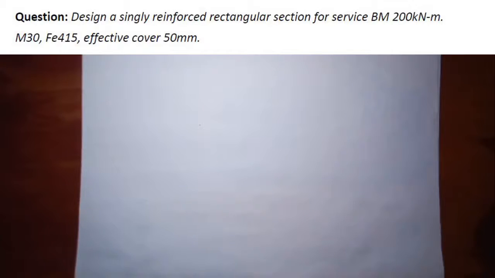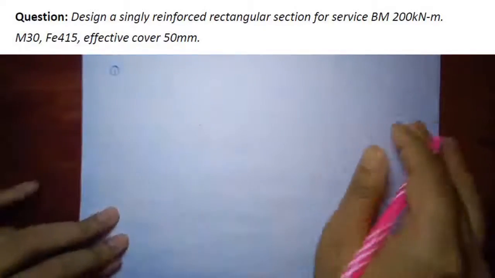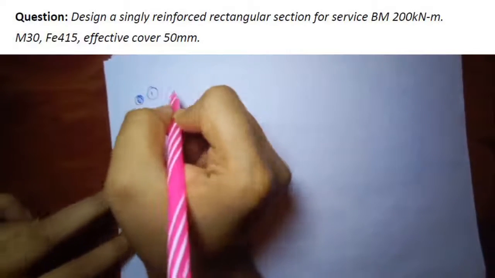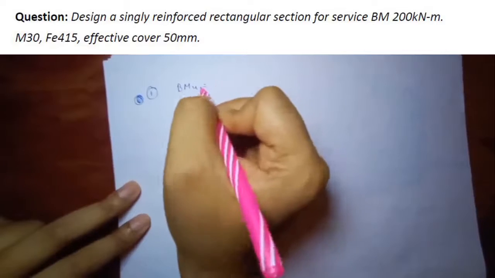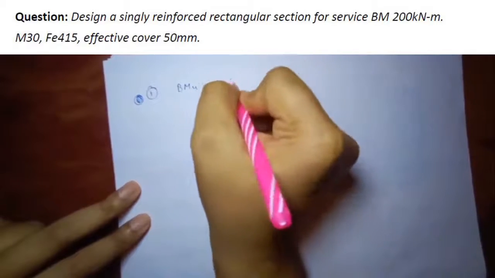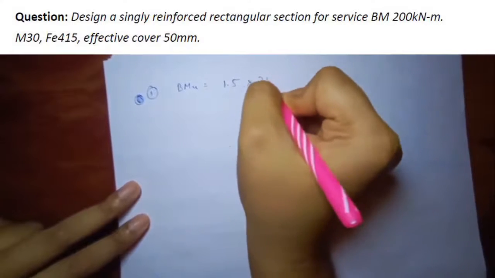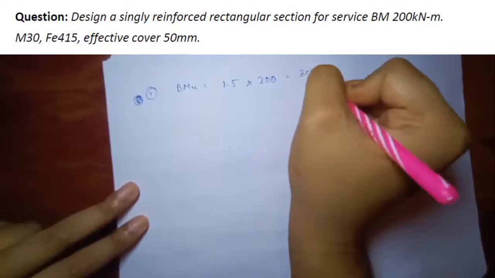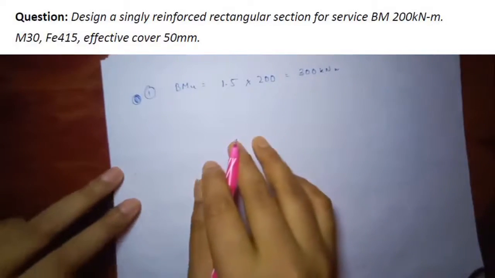So this is our case 2. For the first step, we have to calculate the BMU, which is 1.5 multiplied by 200, that is 300 kilonewton meter. This is our ultimate bending moment.